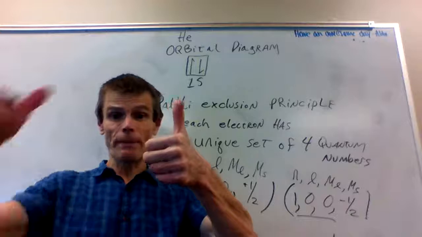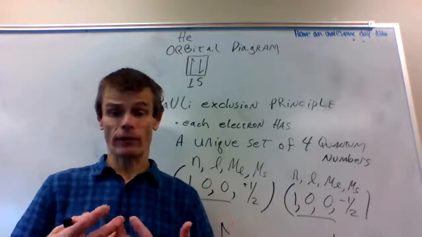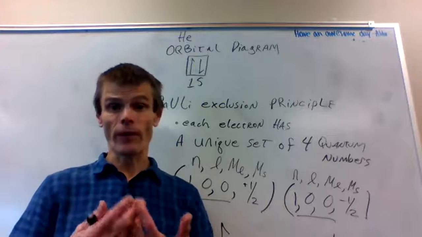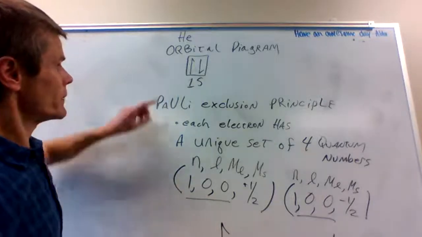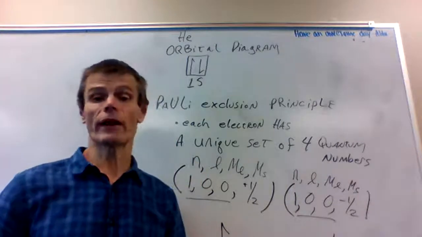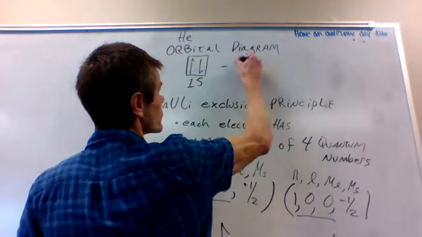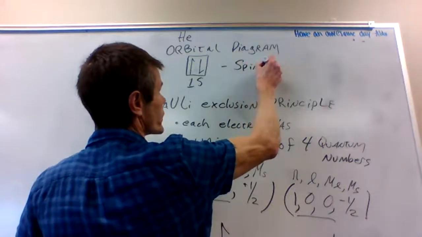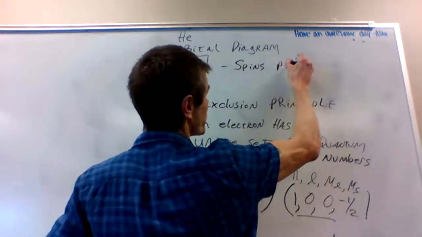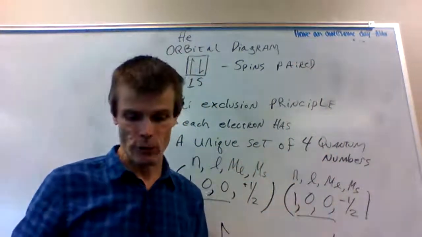When one spin is up and one spin is down, well, what happens is we get an attractive situation for the magnetic fields. In this situation, when we have an electron up and electron down, what we say is the spins are paired. And that's the situation we get for helium. The spins are paired. In other words, the spins are in opposite directions.